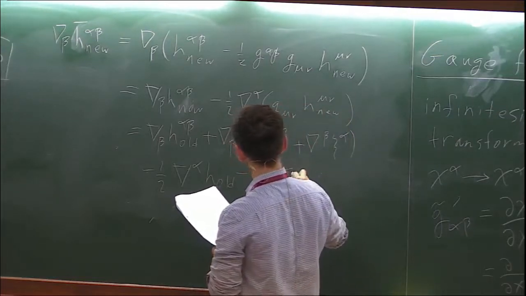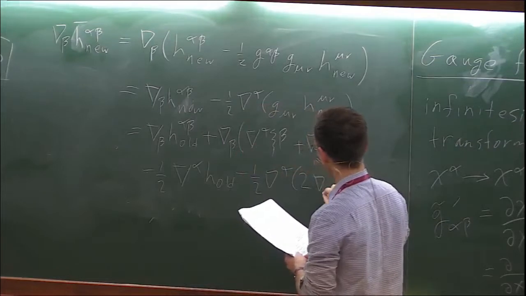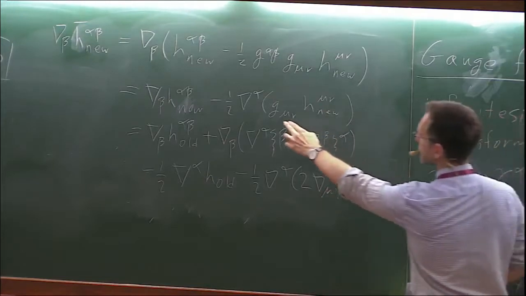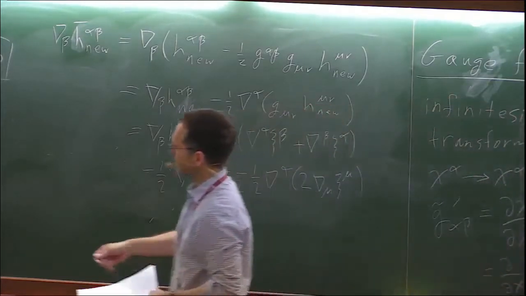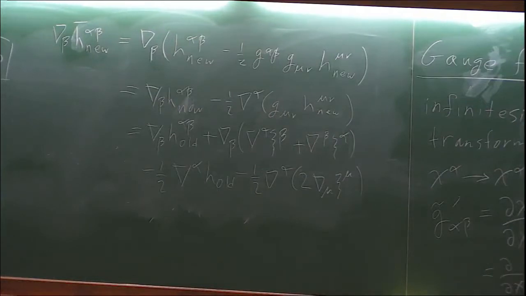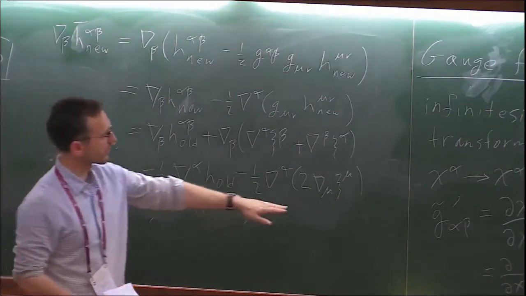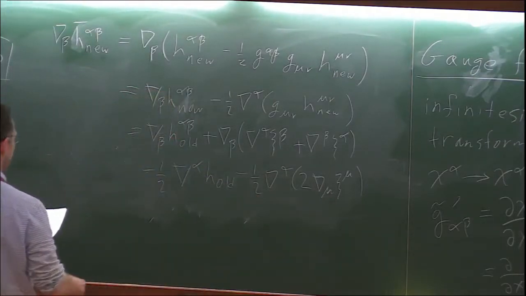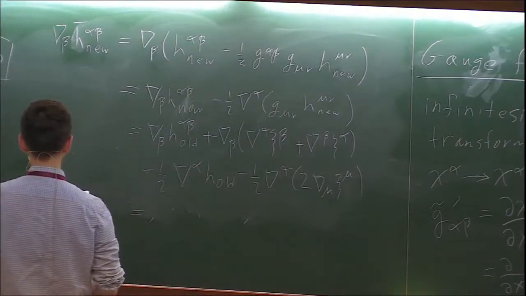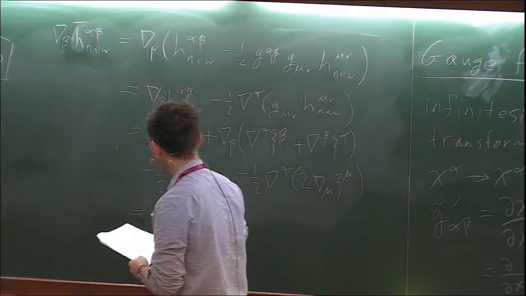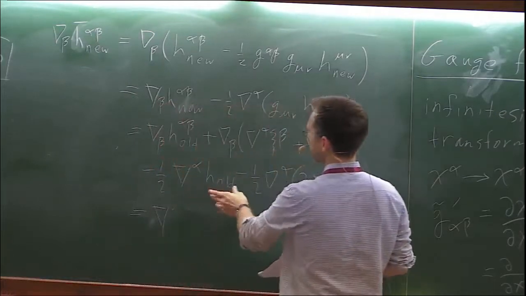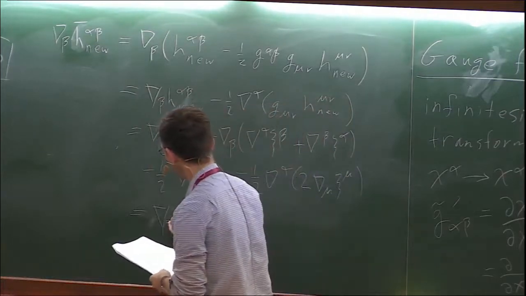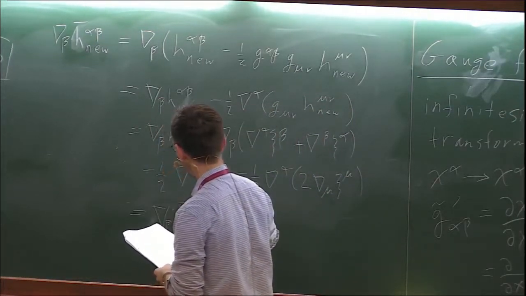Minus a half grad alpha of 2 grad mu xi mu. So when this g mu nu contracts with this derivative of xi, you just get the divergence of the vector xi. Okay, so let me combine this term with this term. Write that as just the divergence of h bar alpha beta old.